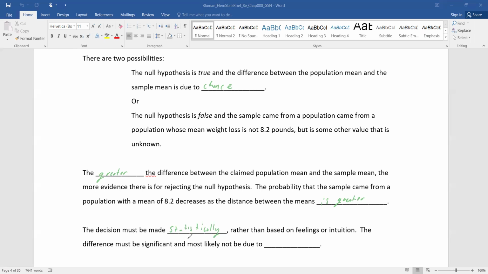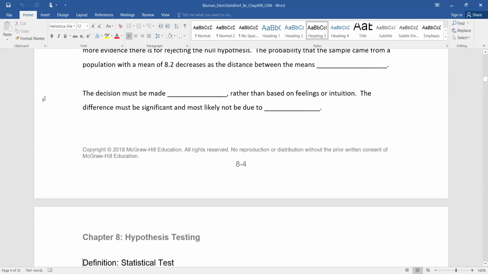The difference must be significant enough and most likely not due to chance. So we need a big difference from the mean that gives us the confidence to reject the null hypothesis. There is definitely a difference here, but we need to determine what that range is. So let's get into a statistical test.